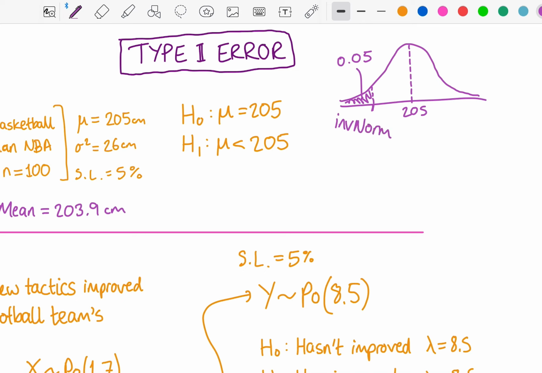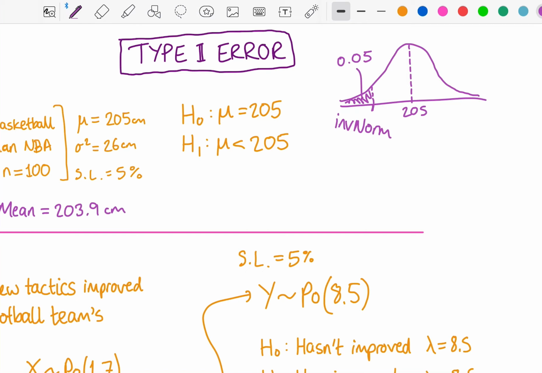With 5%, 0.05, with a mean of 205, and crucially, you're going to have to type in the standard deviation. The variance was 26 for individual players. We are going to divide the variance by 100 for a sample mean, then do the square root of that to type in the standard deviation into our calculators.